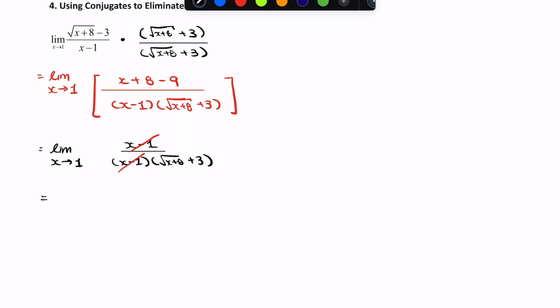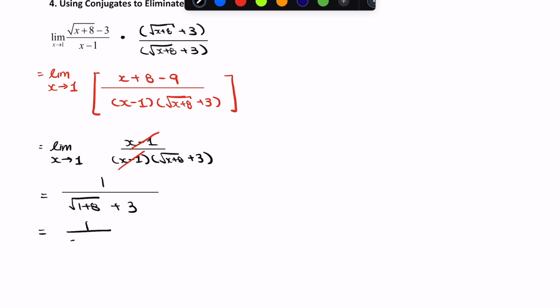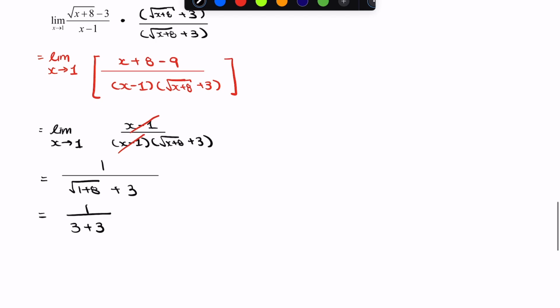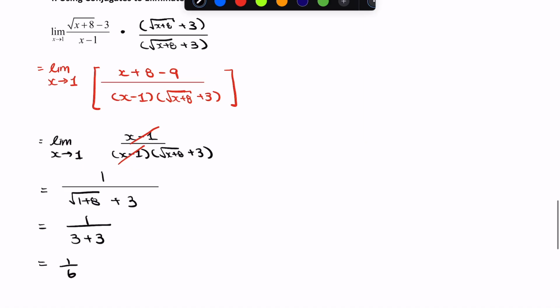So now here we have 1 over square root of 1 plus 8, plus 3. And that gives us 1 over 3 plus 3, which is equal to 1 over 6. And so here we see that the limit as x approaches 1 for the function square root x plus 8 minus 3 over x minus 1 will equal 1 over 6.